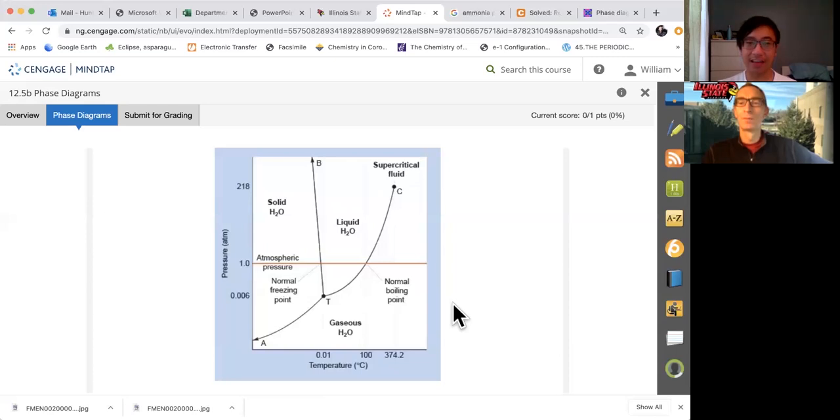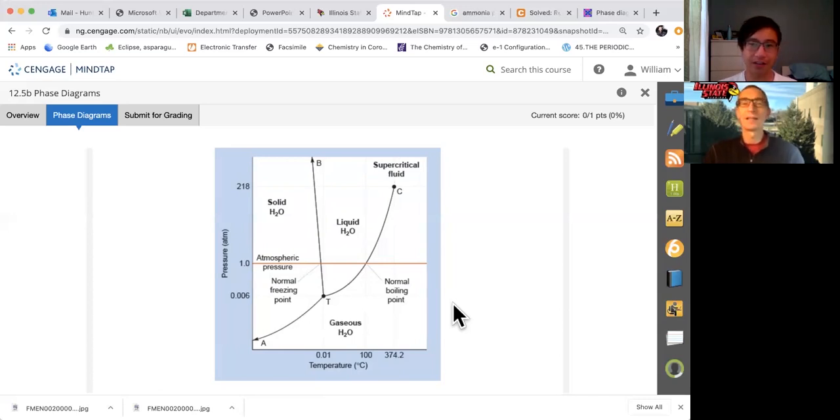If it isn't, then it's almost always solid on the left, gas on the right, liquid in the middle, just like the 1.0 atmosphere life that we all live in. But when we change pressures, that's when you have to be careful about the vertical and horizontal axes, and read the graph very carefully.